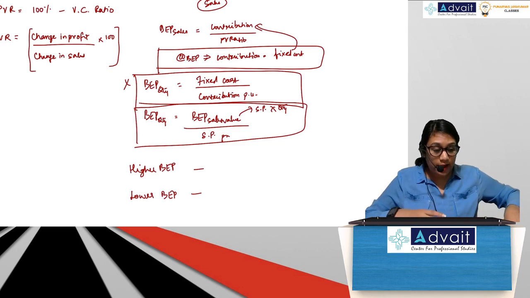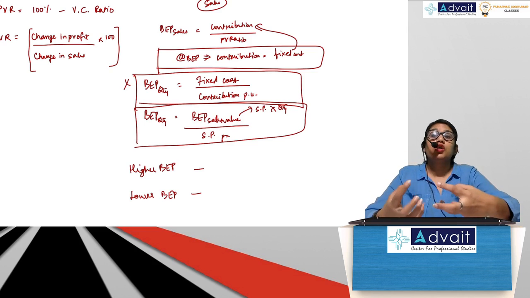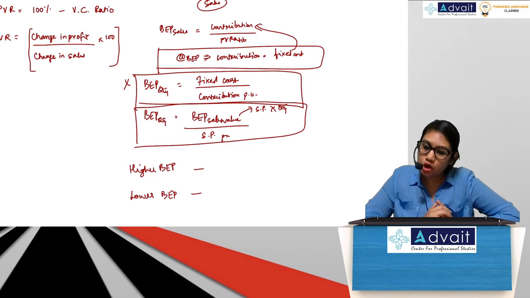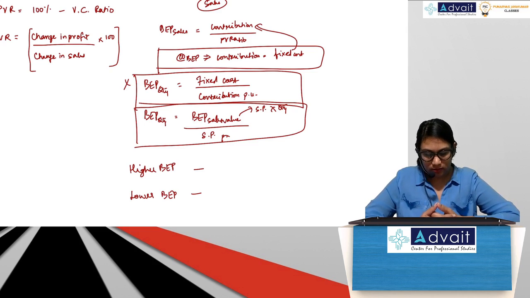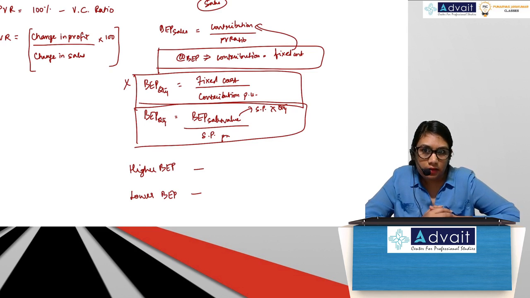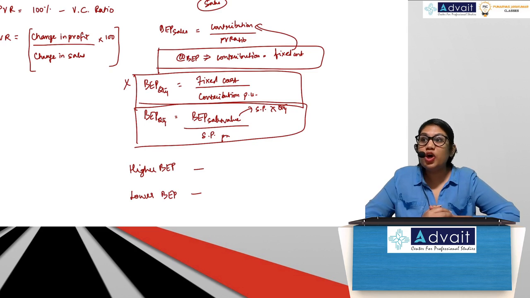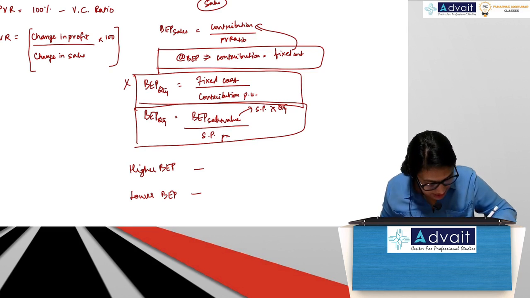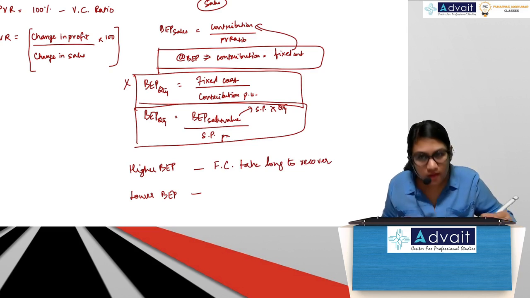It means I have to sell more units to come to my break even point. So is that a good thing or a bad thing? Why is it a bad thing? Because it shows that my fixed costs are taking very long to recover. So the higher the BEP, the longer fixed costs take to recover.